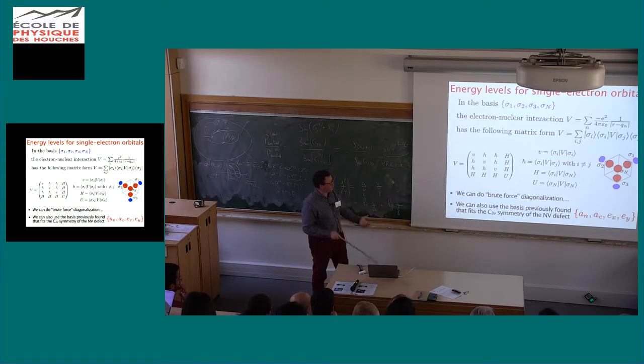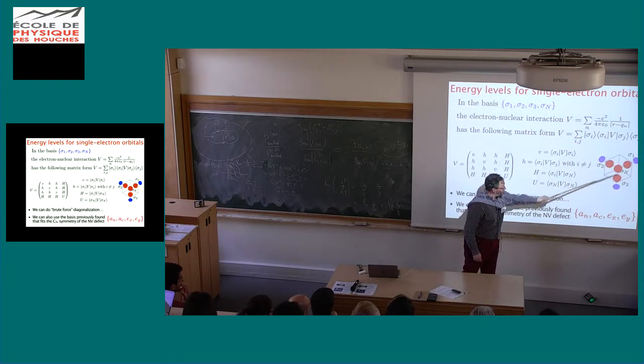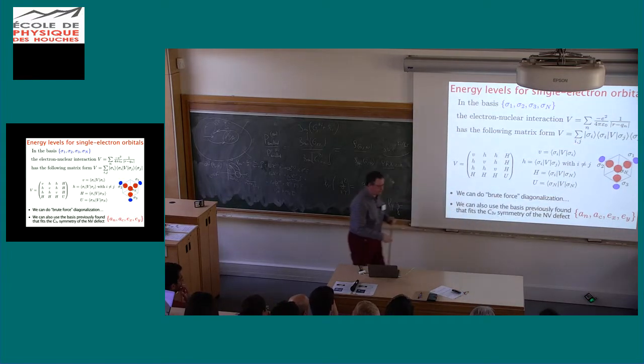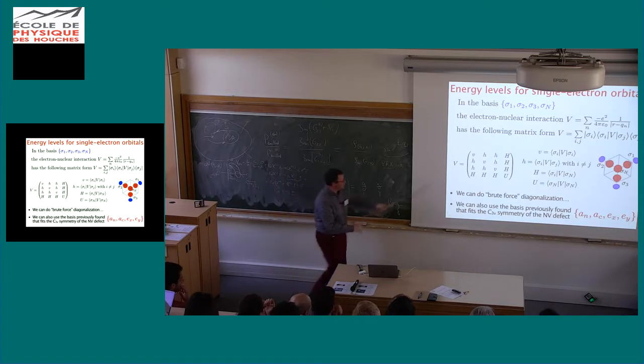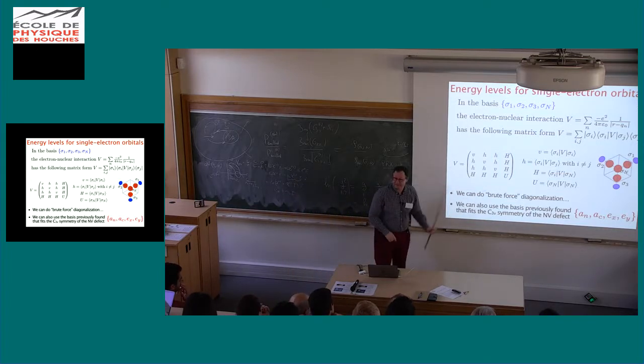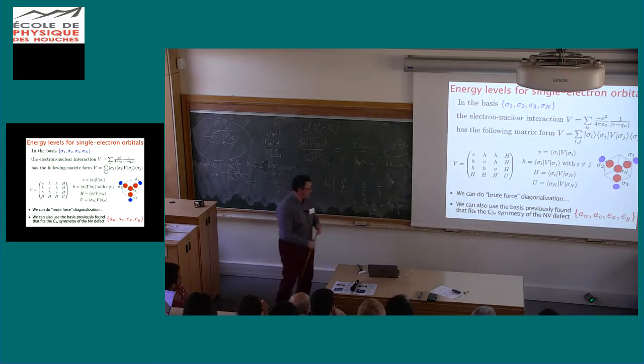I can start, of course, with my 4 orbitals that I defined initially, and then write the Hamiltonian. I just have a 4x4 matrix and diagonalize it. This is just a brute force technique, but I won't learn much from that.